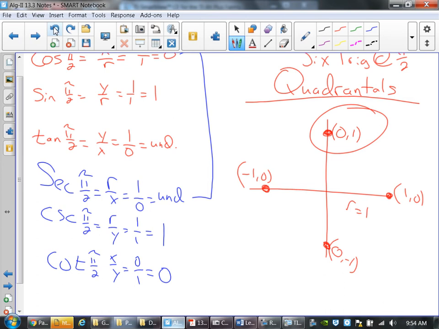Does it ever get to 1? Think about your unit circle real quick. Is there an ordered pair that has the same x, y value? At 45 degrees, doesn't it? So somewhere in here, it's going to reach 1. And then it gets closer to 90 degrees.